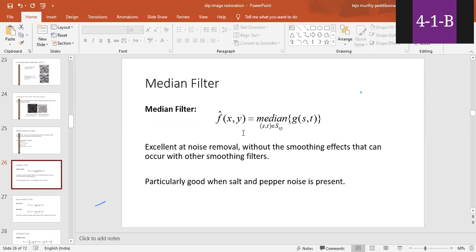It gives excellent noise removal without the smoothing effects that can occur with smoothing filters. It is particularly good when salt and pepper noise is present. Now I will show you practically how the median filter is excellent when salt and pepper noise is present. I will show you the programs also.